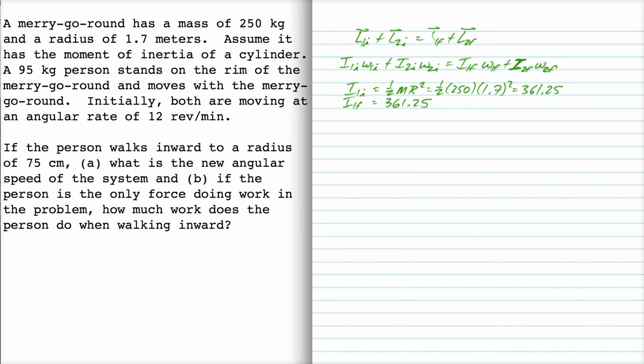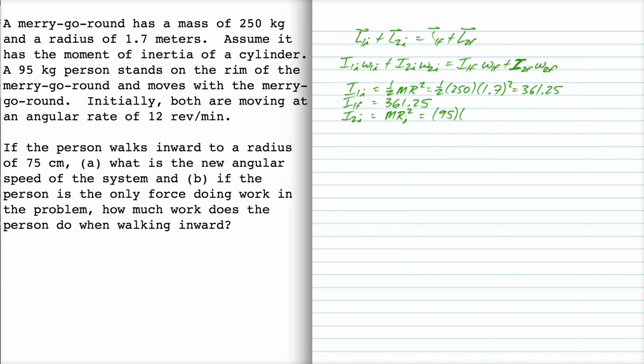Now let's consider the person. The person is orbiting around the center of the merry-go-round and has a moment of inertia of mr squared. I guess I'll put Ri here. So the person is initially on the rim of the merry-go-round, and the person has a mass of 95.